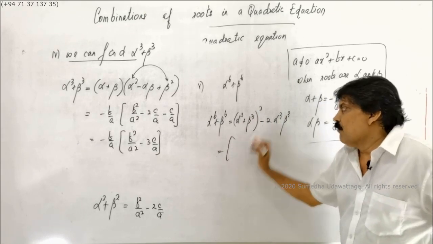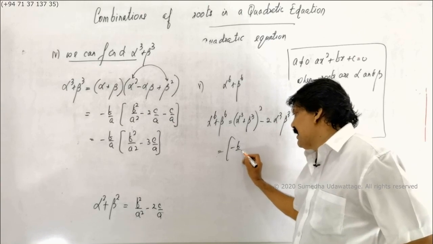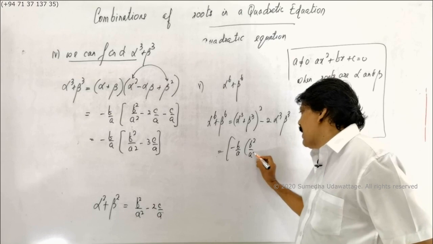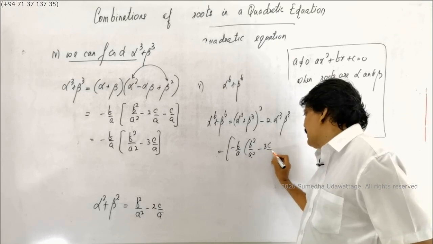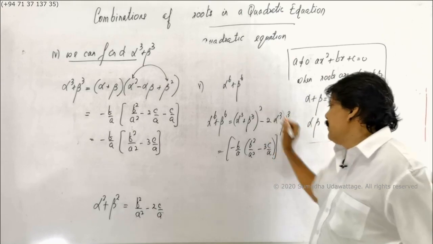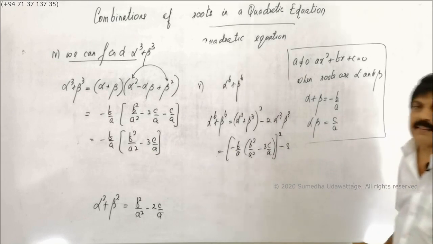Then again, for alpha 3 plus beta 3, you can substitute minus b over a, b square over a square minus 3c over a, complete thing squared minus 2 alpha 3 beta 3.